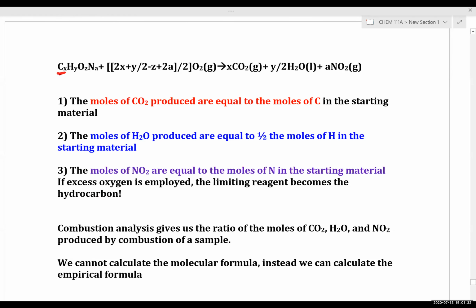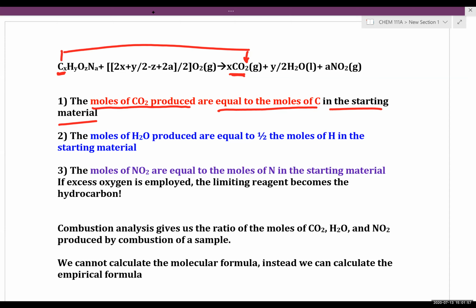We see that if we compare carbon and carbon dioxide, all of the carbon dioxide generated came from the carbon in our original sample. So then we know the moles of carbon dioxide produced are equal to the moles of carbon in our starting material. There's no other source of carbon.